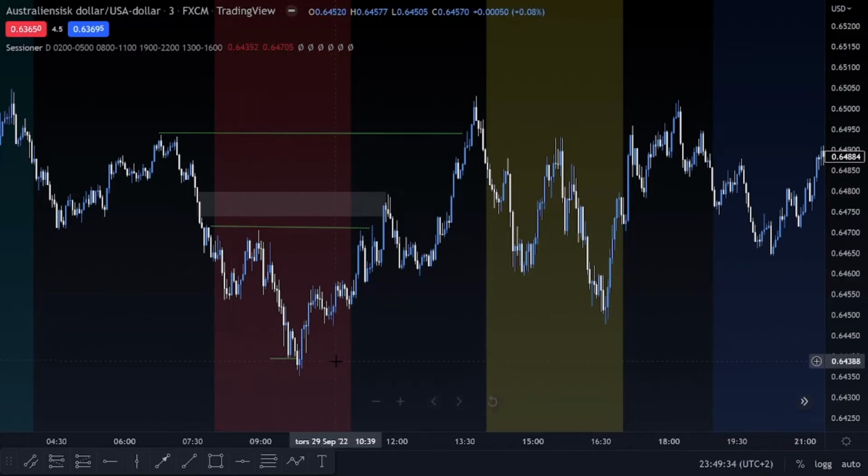In this case down here, it fails to do that. So we have a market structure shift here, and I think that if you jump to the 1 or 2 minute chart, you have a little bit cleaner market structure shift. We also have a fair value gap created. So we have the setup, we have the model formed down here.